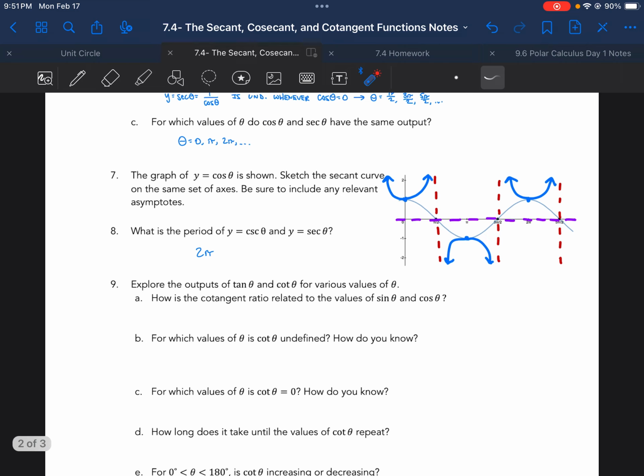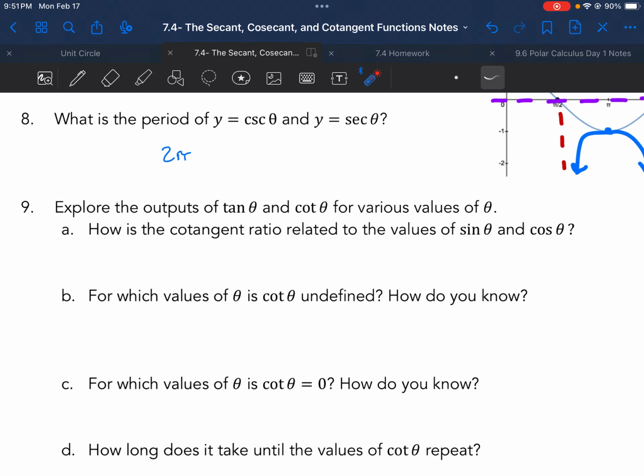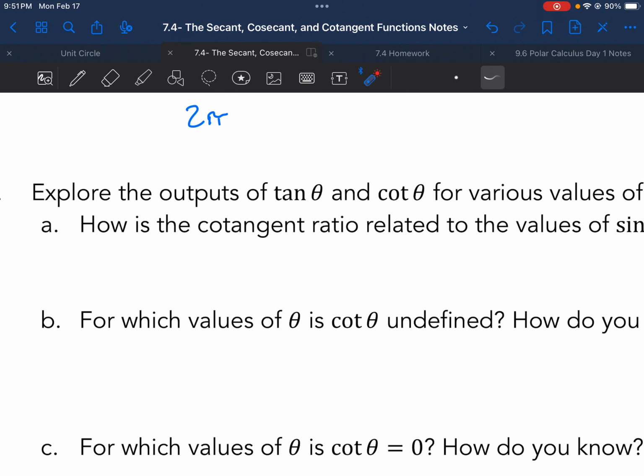All right, now let's look at tangent and cotangent. All right, so first part, number 9, part A. How is the cotangent ratio related to the values of sine and cosine? So here's one thing we know. We know that the tangent of theta is sine divided by cosine.